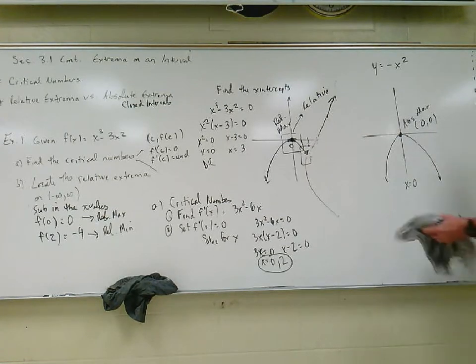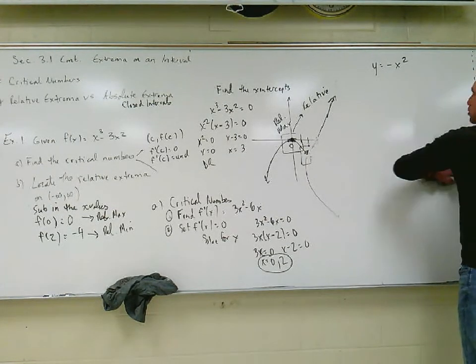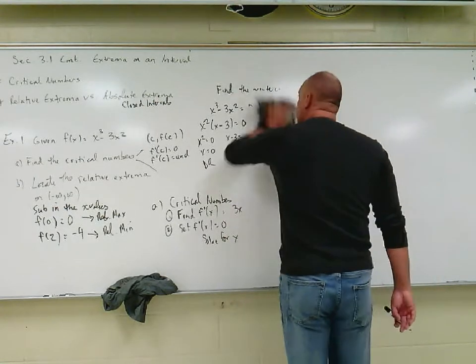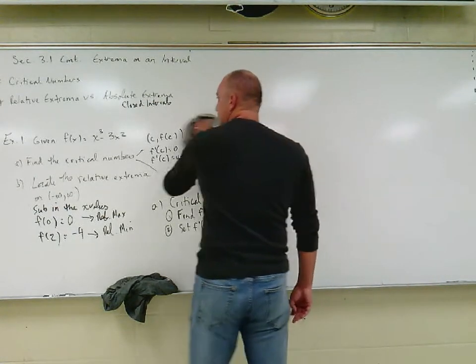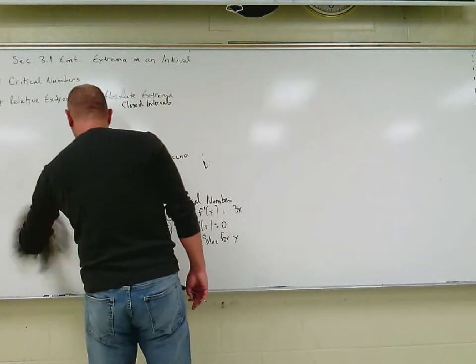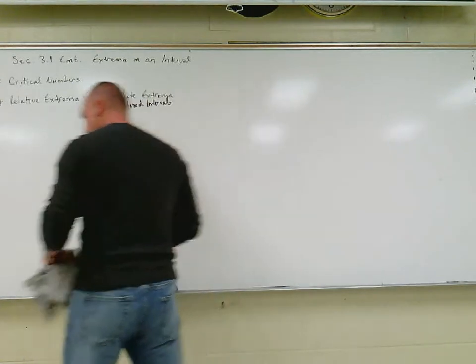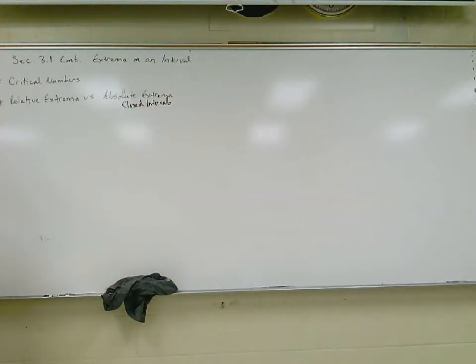Okay. All right. So now I'm going to draw pictures, and you're going to draw a picture. I'm going to see if you can find the critical number. Okay. So I'll give you a typical problem here. Call this one example 2. And then I'm going to give you some equations that I want you to find the critical numbers for.